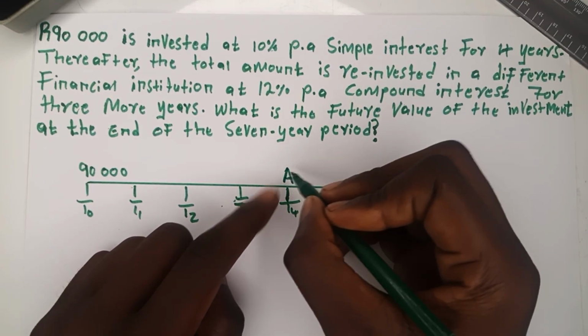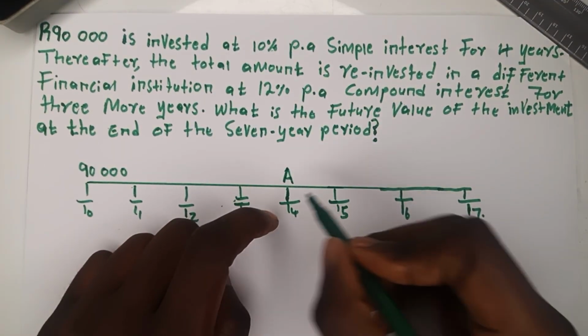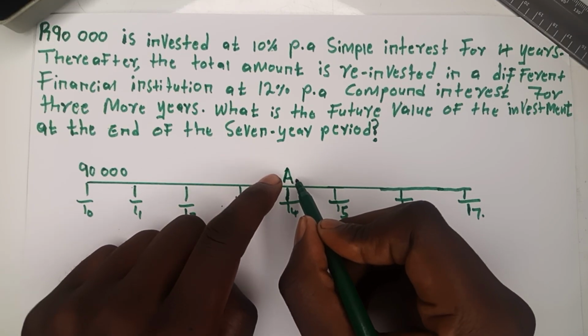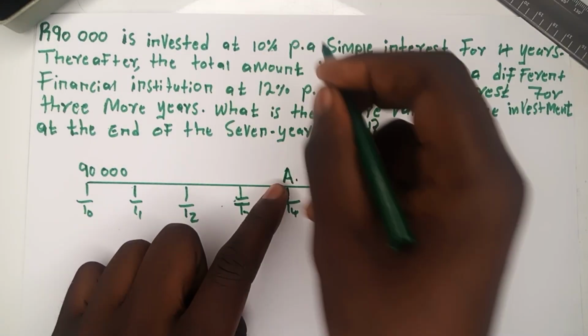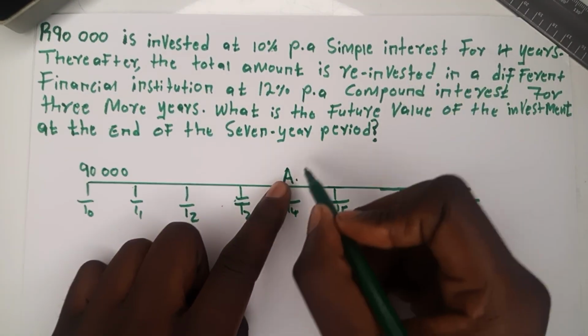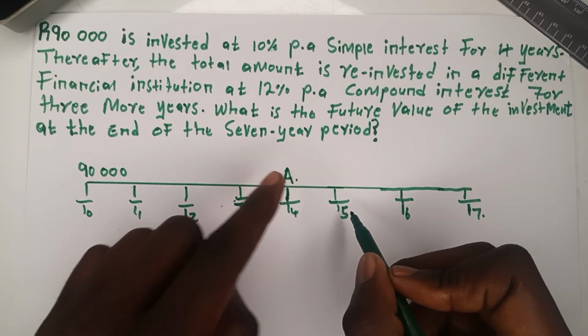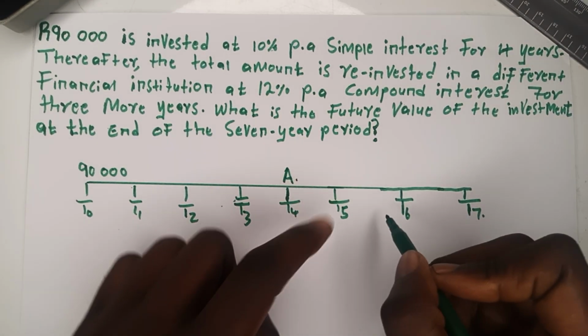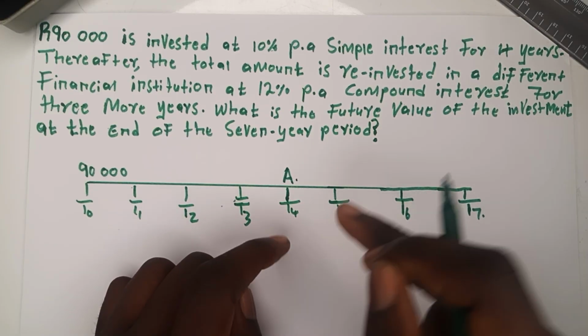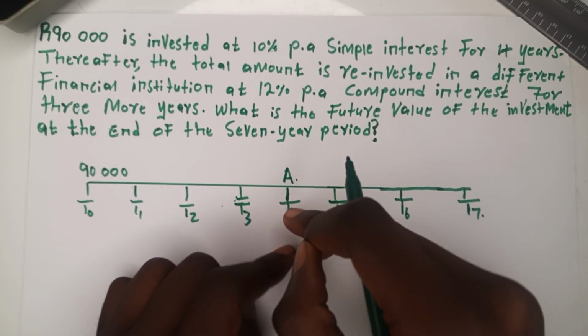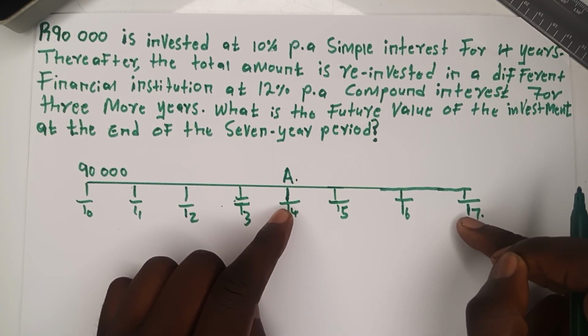And then what's going to happen? This person is going to take that accumulated amount after 4 years that has grown due to simple interest, and then is going to use a different financial institution to invest it again for the remaining 3 years, which is from the beginning of the 5th year up until the end of the 7th year.